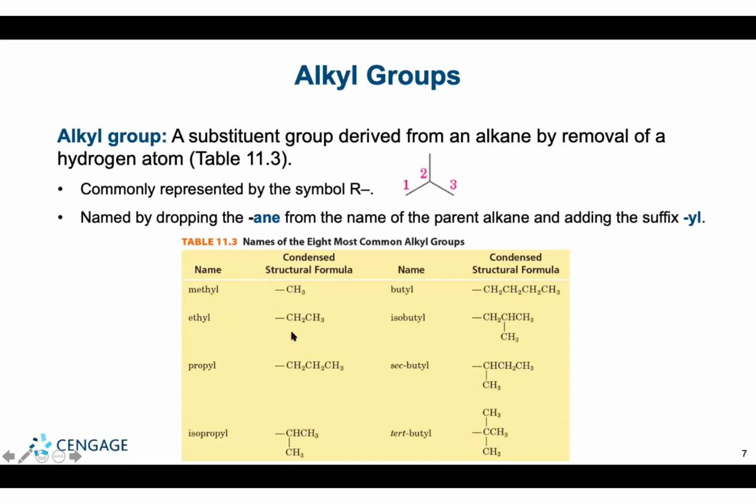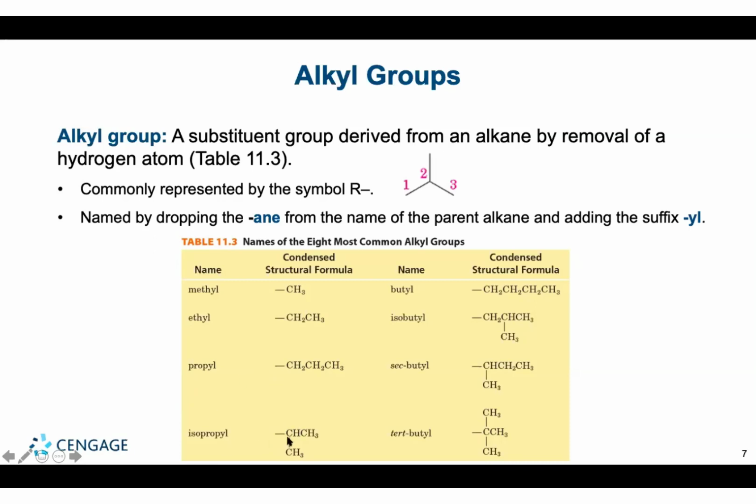So you can see that alkyl groups always end with YL, right? So it's going to be methyl for CH3. For 2 carbon, imagine it is like ethane, but I remove the ane and I add YL to it. Pay attention that one hydrogen is removed from this two carbon because it attaches to another carbon. Here we have three carbon, it's going to be propyl.